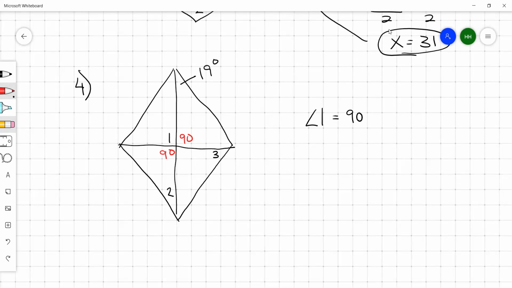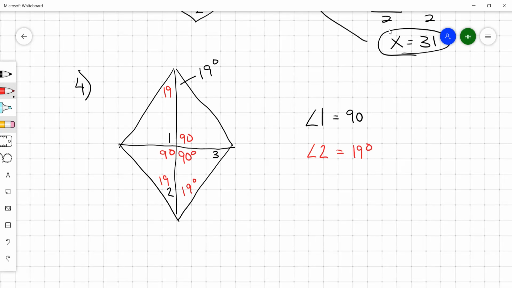Now, the diagonals in a rhombus, don't they bisect? So this is 19. So what's this going to be down here? This is going to be 19. So angle 2 is 19 degrees. And if angle 2 is 19 degrees, to the right of angle 2 is 19 degrees, and this angle above it is 90 degrees.